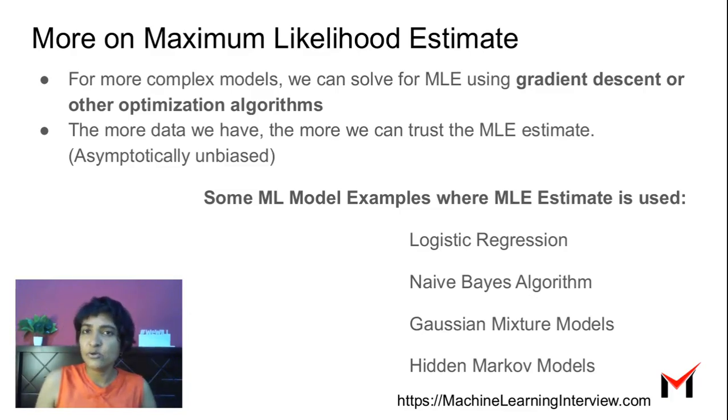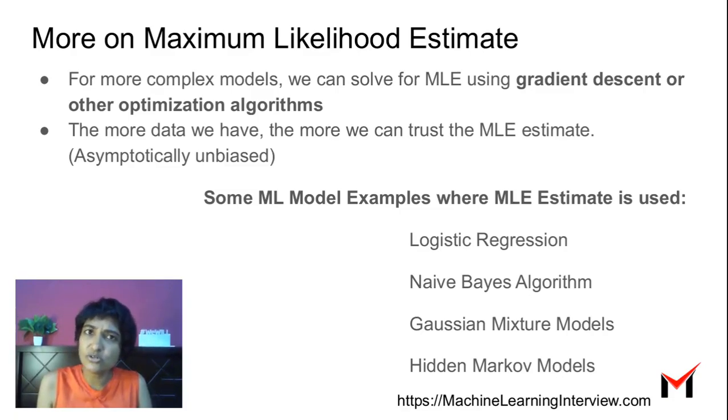Another point to note about MLE estimate is that the more data we have, the more we can trust the MLE estimate. In mathematical terms, it's called asymptotically unbiased. But what this really means is that as we have more data, the MLE is more likely to be closer to the actual value of the parameter that we are trying to find.